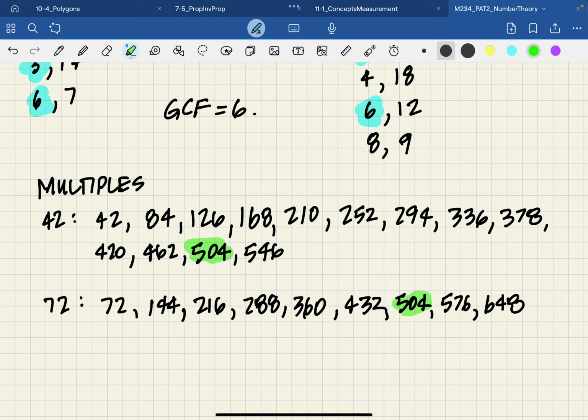Okay. Yeah, I think that's the first one. It'd be interesting to see when the next one would be in the list. But we've definitely found the least common multiple, it looks like.